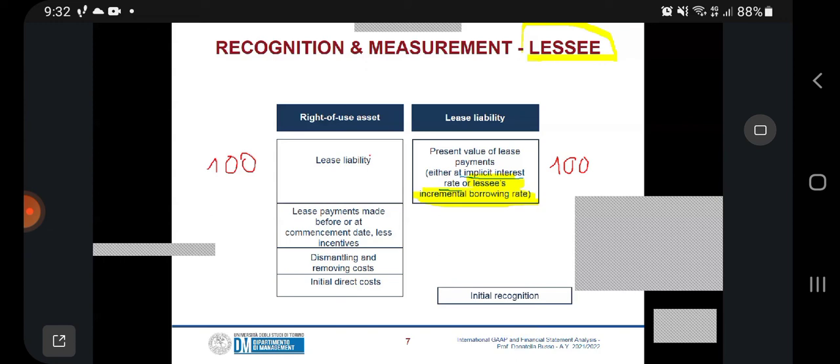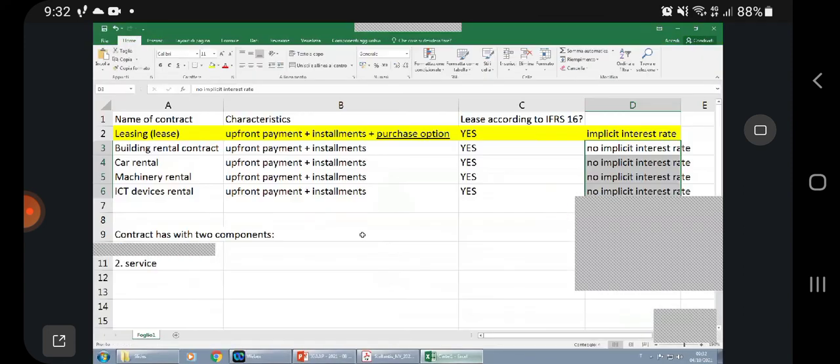But in the right of use asset, the amount could be different, because we need to consider also, read here, the lease payments made before or at commencement date. Do you remember here the upfront payment?